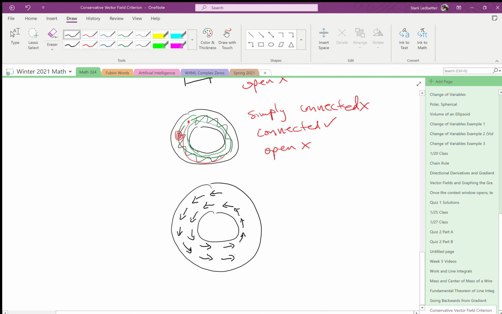So I'm going to make this vector field. It's just going to be constant arrows going around the circle. And so if things grow in that direction, then let's say I want F to be del of little f, right? So let's pick a value of little f here. Like, let's say it's 5. It doesn't really matter.